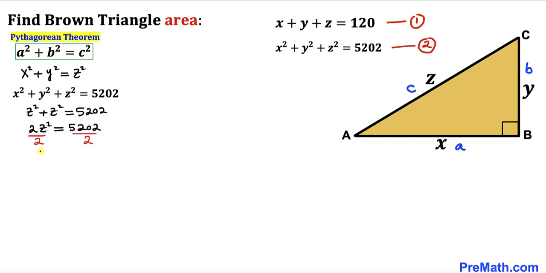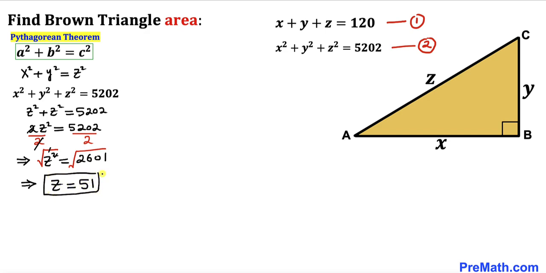Let's divide both sides by 2, and the 2 and 2 cancel out. So our Z square value turns out to be 2601. Let's undo the square by taking the square root on both sides, and the square and square root are gone. So our Z value turns out to be 51 units.